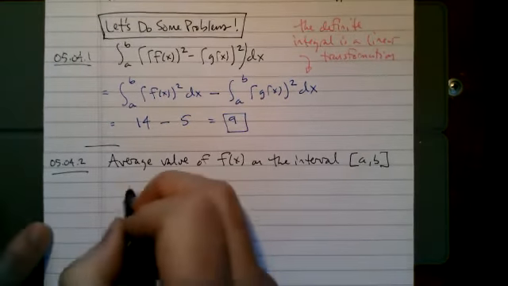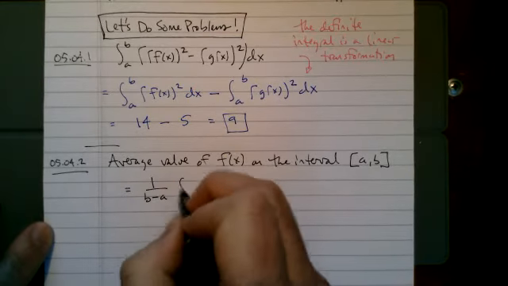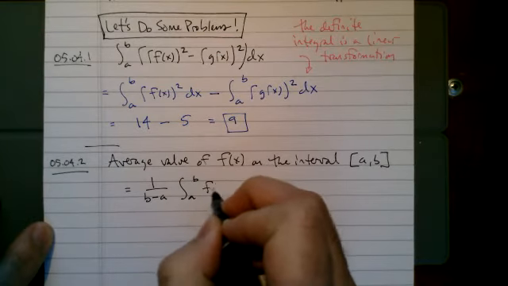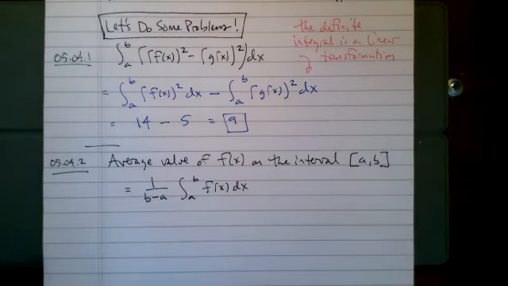Let's just write down the formula and then talk about the formula. The average value of a function on an interval is 1 over b minus a times the integral from a to b of f of x dx.